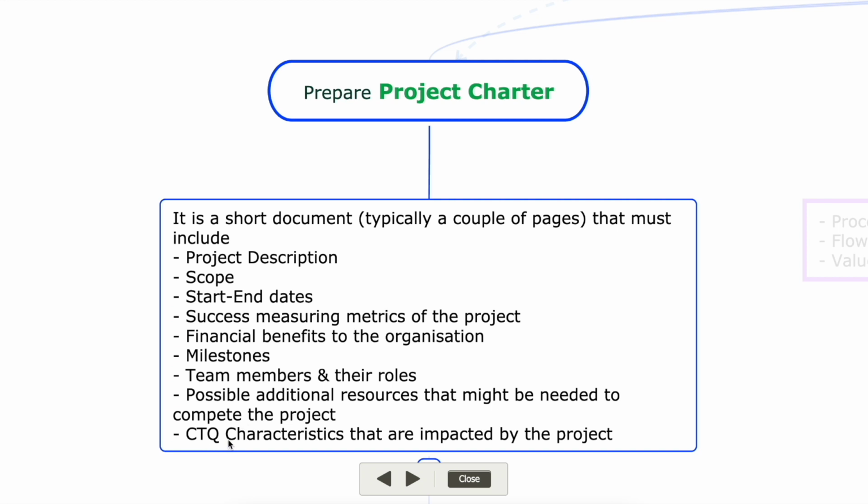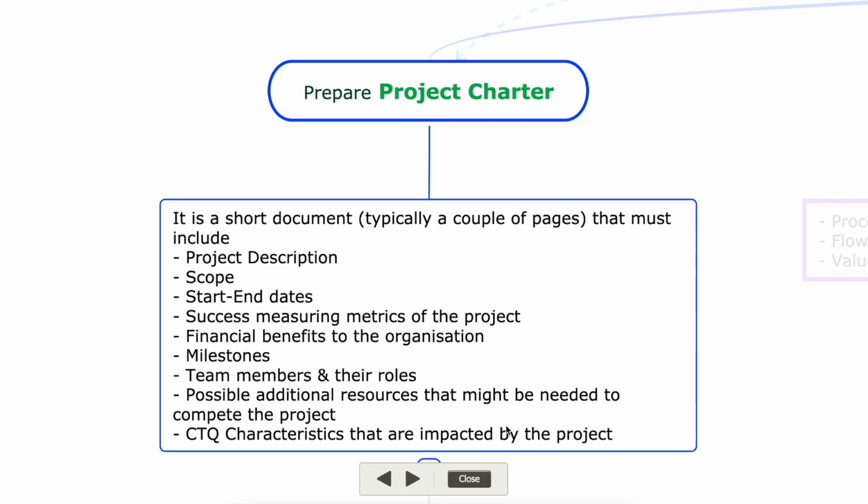And then CTQ characteristics: what are the critical to quality characteristics that are impacted by the project, meaning in the service or product manufacturing, this project which is supposed to improve the existing process will improve what critical to quality characteristics of that product.